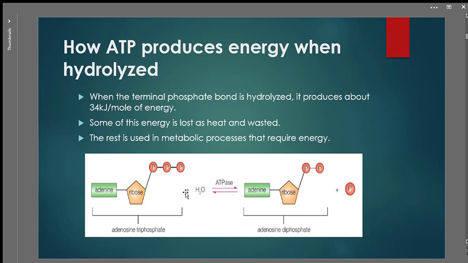Now, some of the energy is lost in the form of heat energy and it's wasted, as I've mentioned in my second point here, because not all the energy in a reaction is conserved. Some is lost as heat and therefore becomes waste, although some can be used to warm the body. The rest of the energy that remains is used in various metabolic processes in the body that require energy.